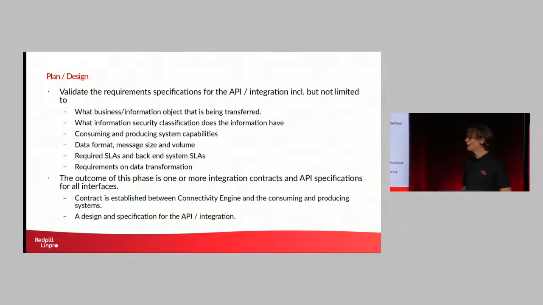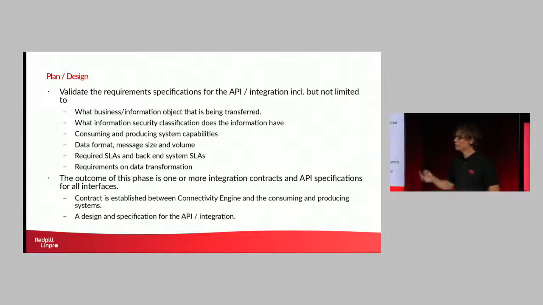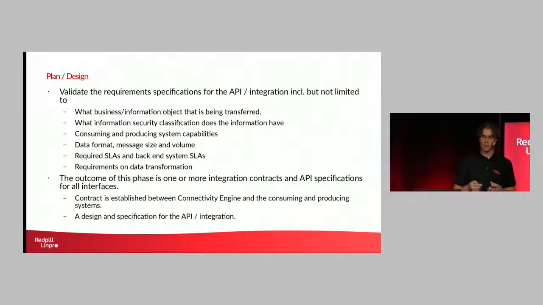In the plan and design phase, our team goes through and validates the requirements for the specifications and looks through what business information or what business objects are being transferred within this integration. We also look at what type of security does this integration or API require? What information classification does the customer have on this information?